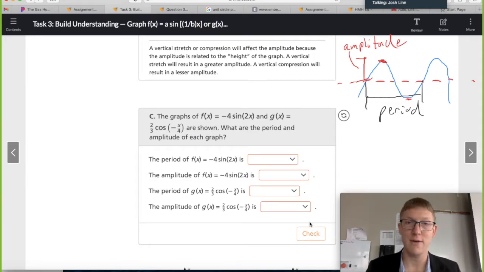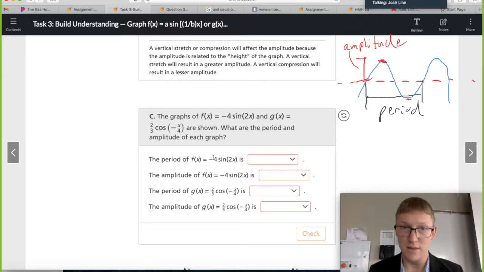So the graphs f of x equals -4 sine 2x and g of x equals 2/3 cosine of -x over 4 are shown. What are the period and amplitude of each graph? So the period of f of x, in spite of the fact there's a 2x in here, remember, sine of any theta can only be from -1 to 1.